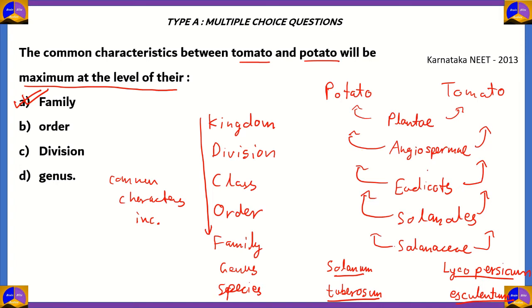So they're all angiosperms, they're all dicots, they're all belonging to Solanales, and they also have common characteristics to belong to the family Solanaceae. So that means the common characteristics are maximum at the lowest taxonomic category where they are both related. So that means option A, family, will be correct for this question, which was asked in 2013.